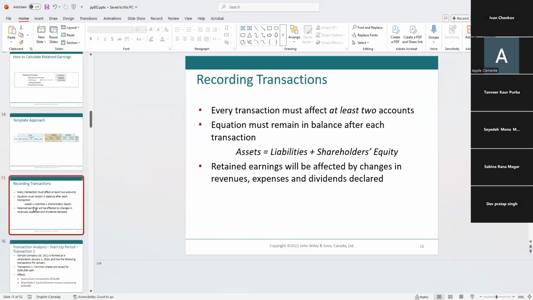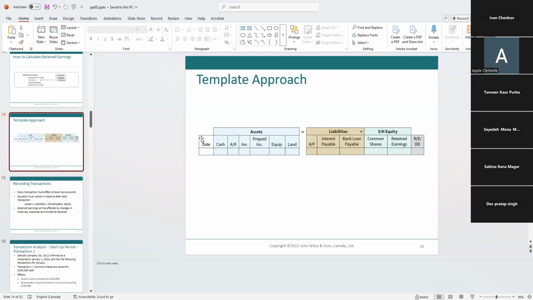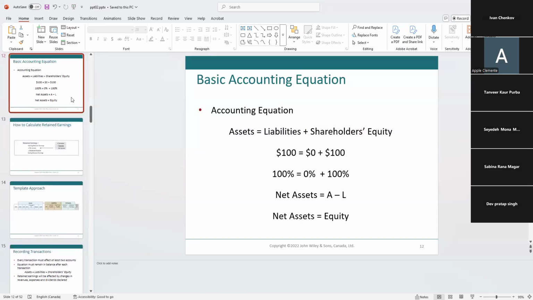Now, in order to record those transactions, we have to keep it very, very simple. Always, when we're doing transactions, assets have to equal liabilities plus equity. Same thing that we did with the examples of the house, the book, the jacket. Whatever is on one side, the same thing has to be on the other side. Why? Because we are in balance. It's an equation.